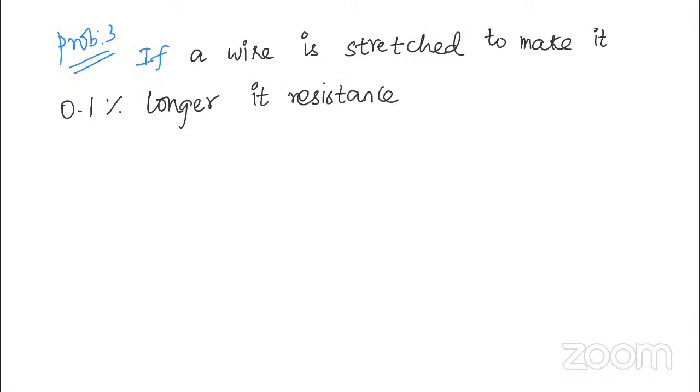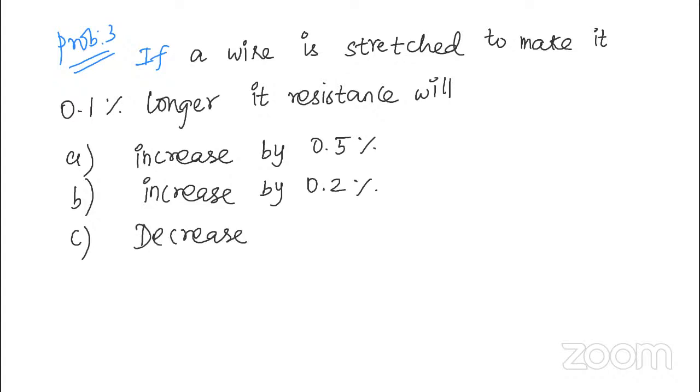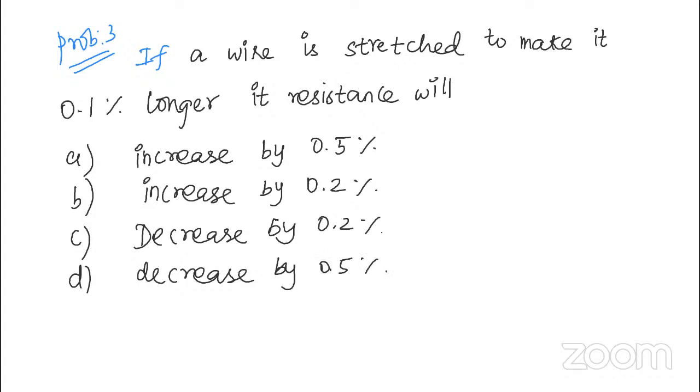Resistance will A, increase by 0.5 percentage, B, it is increase by 0.2 percentage, and C, it is decrease by 0.2 percentage, and D, it is decrease by 0.5 percentage. So the 4 options they are given.